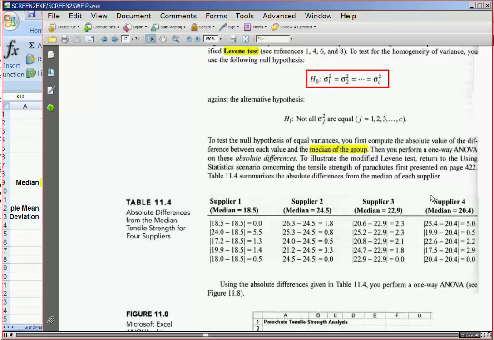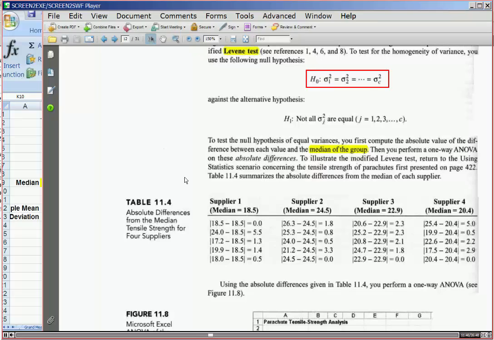They came in a data file. We already have medians there. Then you perform a one-way ANOVA on these absolute differences. Absolute means these straight brackets, they show that we're going to just drop the minus sign.